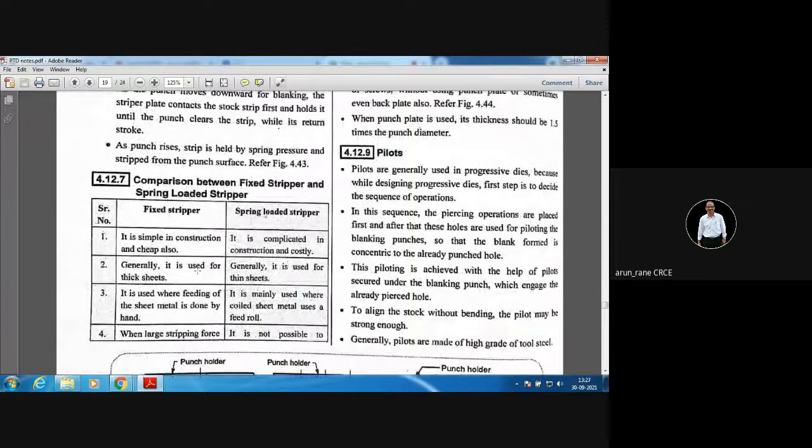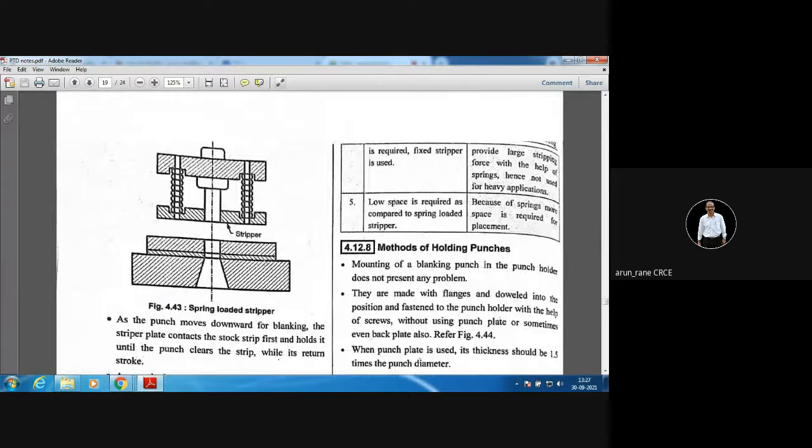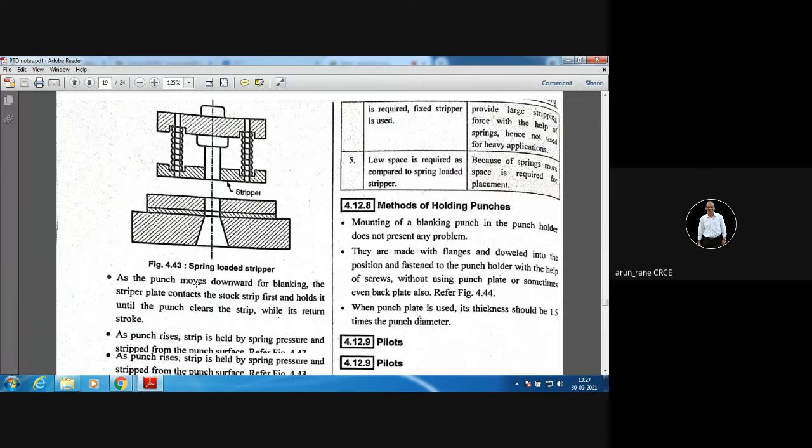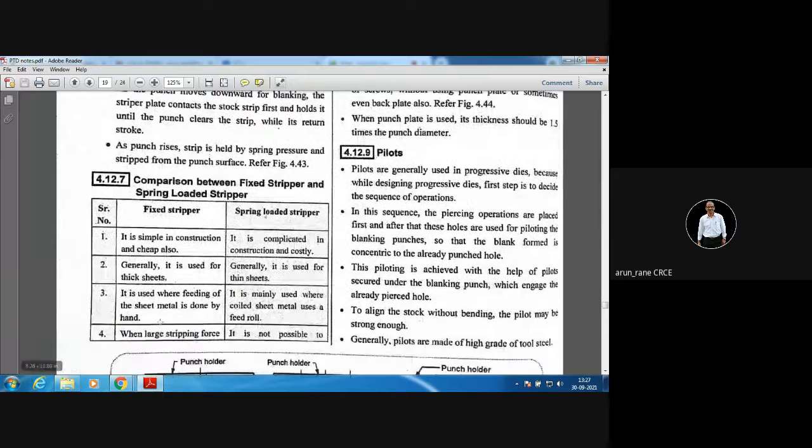The fixed stripper is simple in construction, whereas the spring-loaded is complicated. Why complicated? Because you have to provide the counter force here, so that you can fix a spring and a pin. Fixed stripper is generally used for thick sheets, whereas spring-loaded stripper can be used for thin sheets also.